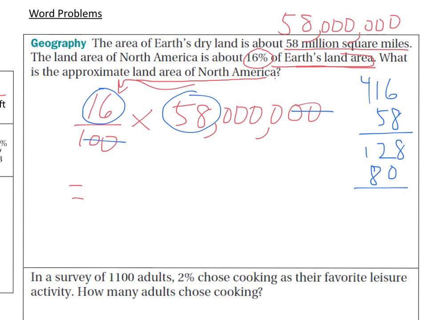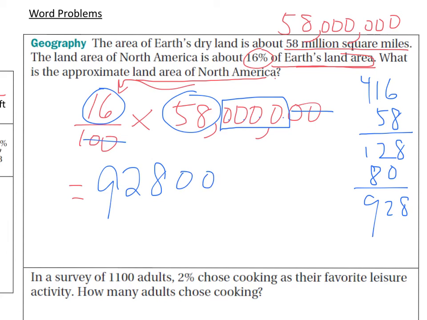Okay, and then 8 to 9, 9 to 8, and how many zeros do we have left? 4, 2, 3, 4, commas, 9,280,000 square miles. So remember to label.